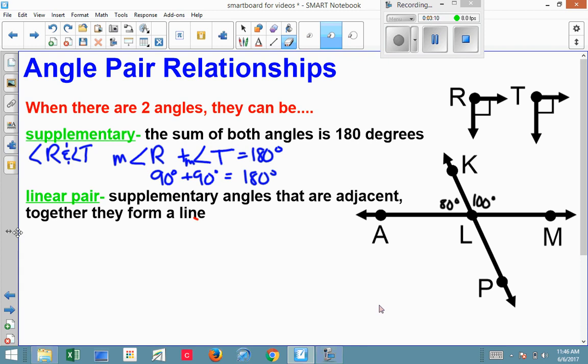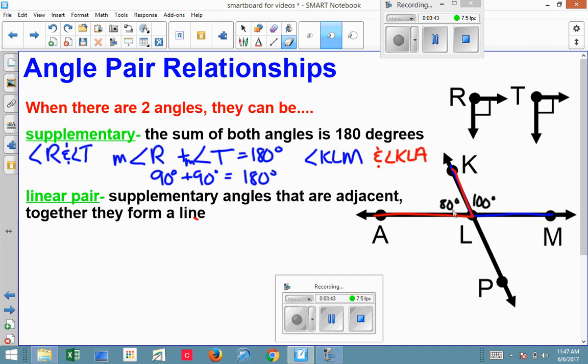Now in that particular example, the two angles were separate, but sometimes supplementary angles can be adjacent to one another as well. So if I take a look at this next diagram, I see we have two angles here, angle KLM and also angle KLA.